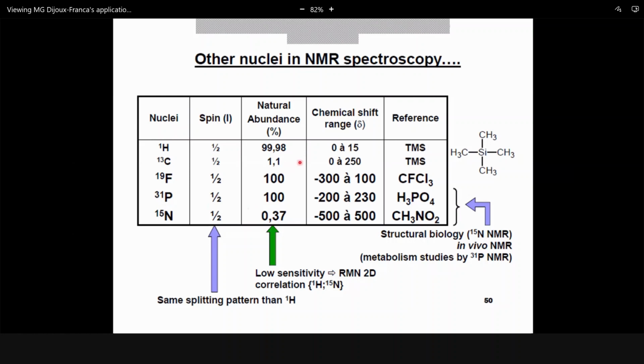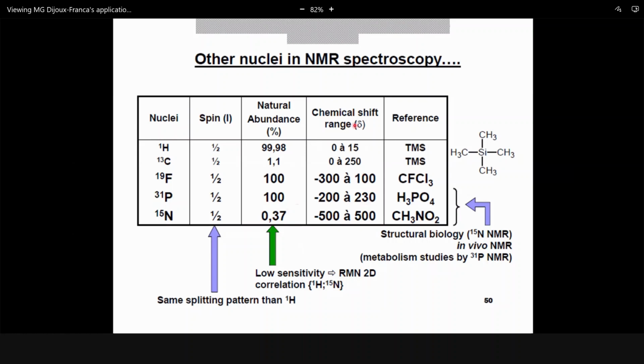Then you see that the natural abundance is different depending on the nuclei. Most abundant are hydrogen, fluorine, and phosphorus, I think. And the lowest is the nitrogen. So it will depend on the field B0 to have the best sensitivity if you want to work with this kind of nuclei.